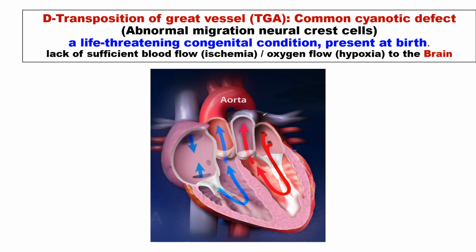Transposition of great vessels is a common cyanotic defect mainly due to abnormal migration of neural crest cells, a life-threatening congenital condition present at birth. Mainly it is due to the lack of sufficient blood flow, or ischemia, or oxygen flow, leading to hypoxia to the brain.